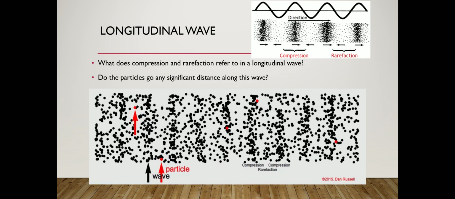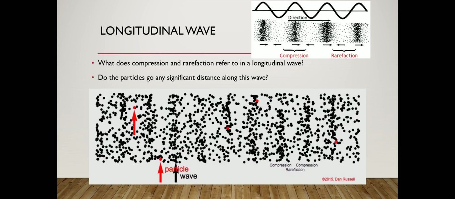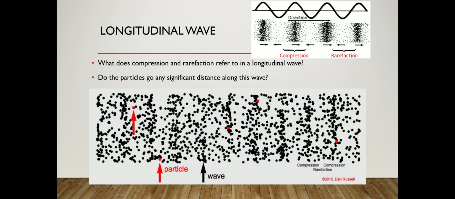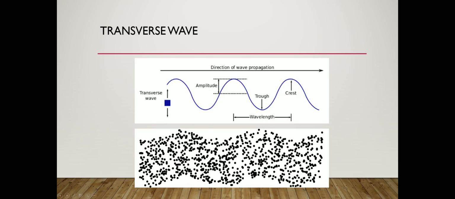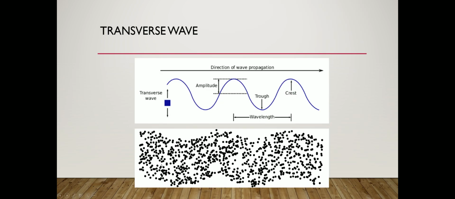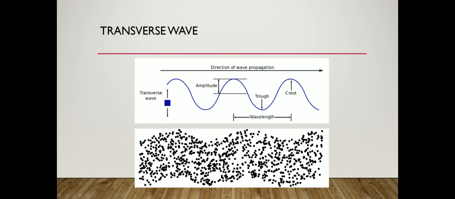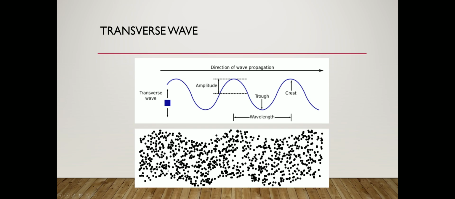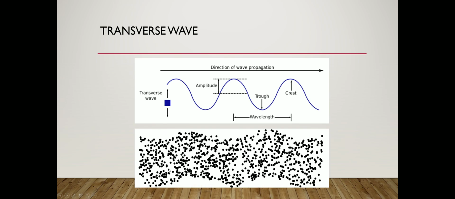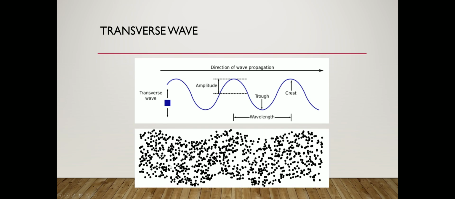Now another type of wave we call the longitudinal wave. Longitudinal waves behave differently. As you can see, in a transverse wave, the particles move up and down, up and down, up and down.